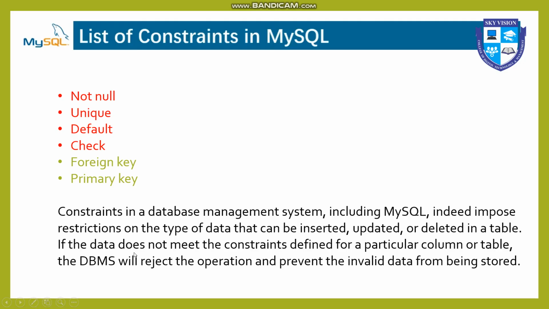If the data does not meet a constraint defined for a particular column or table, the database management system will reject the operation and prevent the individual data from being stored. Means whenever I'm putting any data, if the data does not match the constraint, then we cannot put data inside the database.